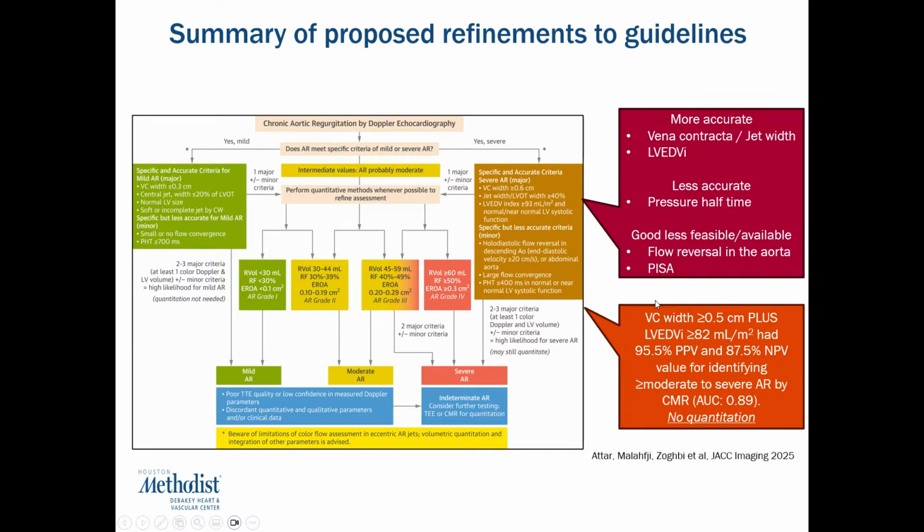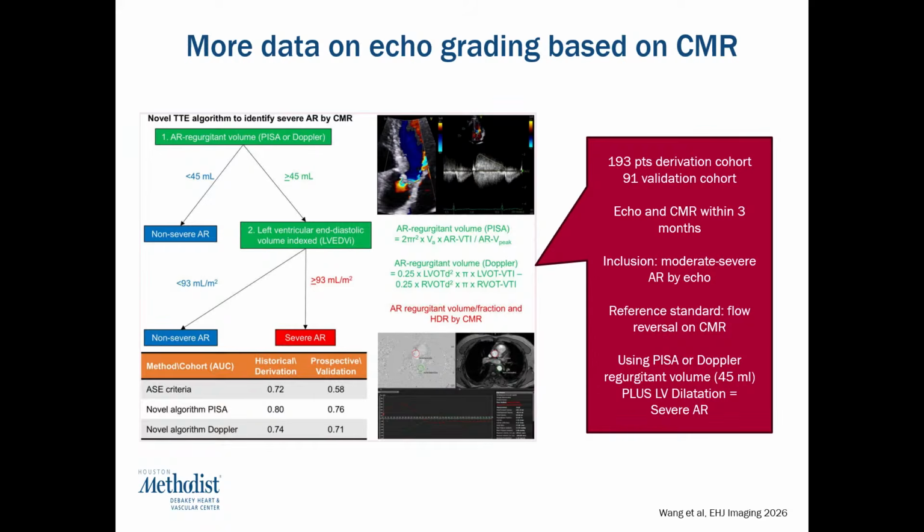And then for moderate to severe AR, you use a vena contracta width of 5. The threshold for LV dilation here is a little bit lower, at 82, but essentially this is actual dilation that you can measure. Cleveland Clinic did a study looking at the same question. They used a series of patients who had an echo and MRI within 3 months, and they used MRI as the reference standard, looking at flow reversal on MRI as severe AR.